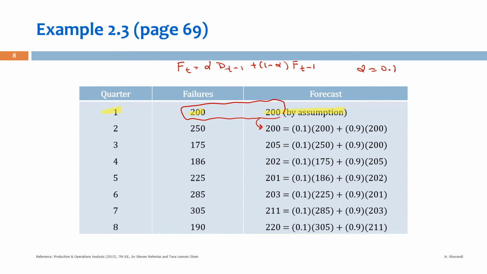The observed value will be multiplied by 0.1, and the forecasted value will be multiplied by 0.9, and then we add up these two values. So we have the forecast for the next period. If we go ahead, then if we are in the second quarter, these two values will be used to obtain the forecast value of the next period, and so on.